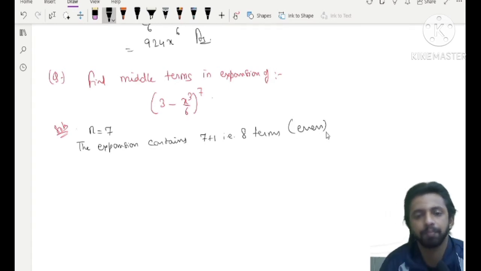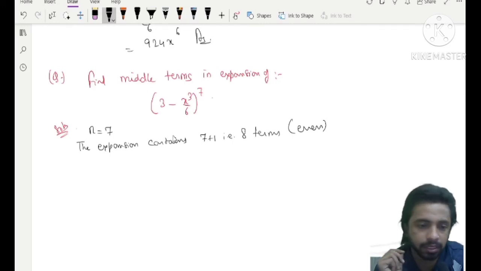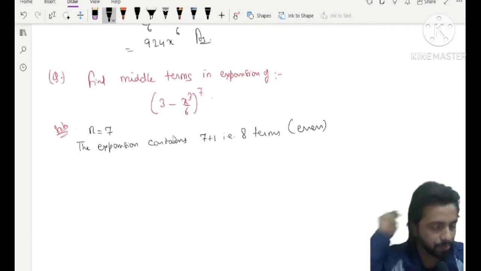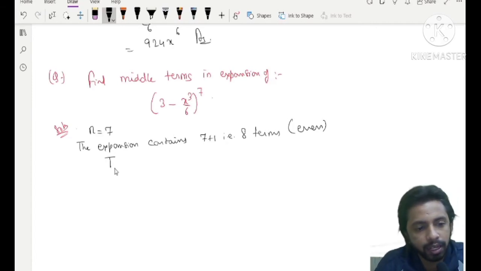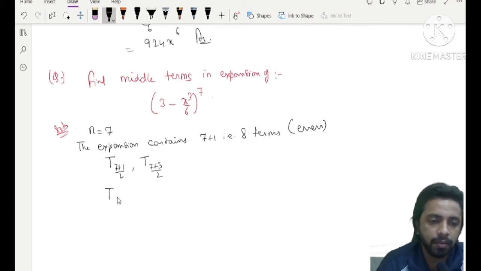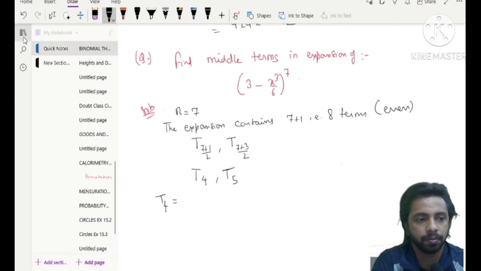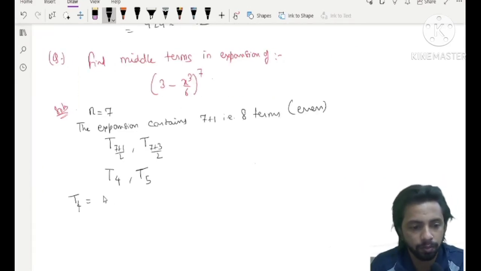Even. Since the number of terms in the expansion is even, there must necessarily be 2 middle terms, and they are t of n plus 1 by 2, that is 7 plus 1 by 2, and then t of n plus 3 by 2, 7 plus 3 by 2. This is t4 and then t5. So the fourth term that we will find out first is t4, which can be written as t3 plus 1.